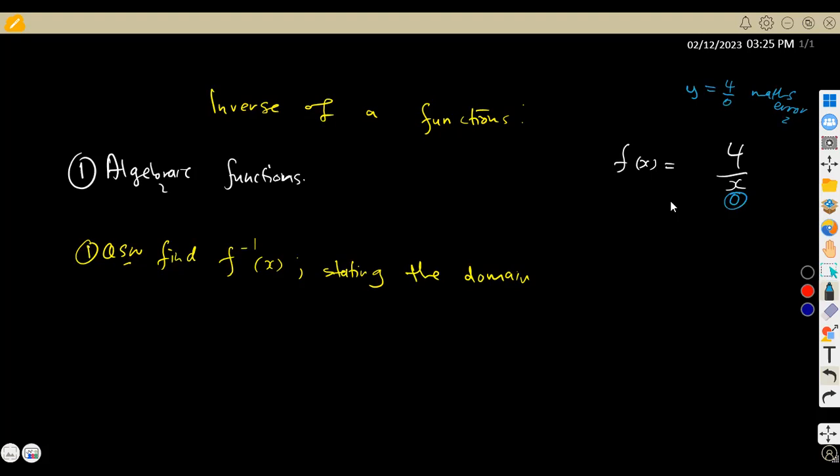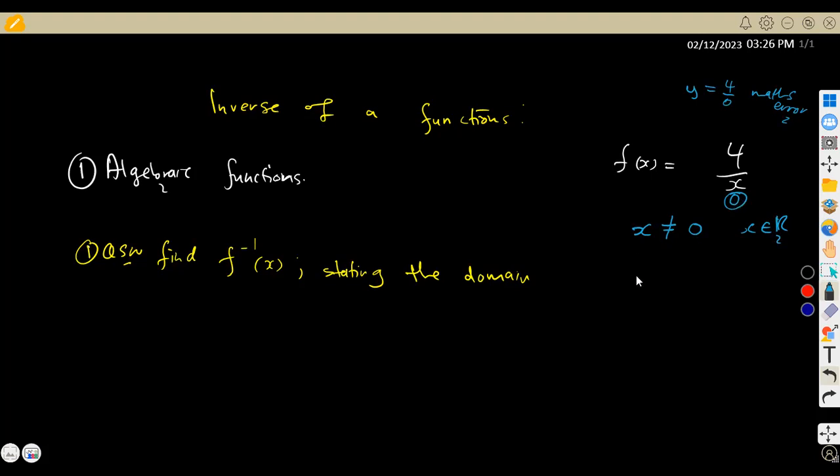So that's where we are limited in terms of x. x is an element of the real numbers, but x can never be equal to 0 as long as it's in the denominator. That's what we refer to as the range.